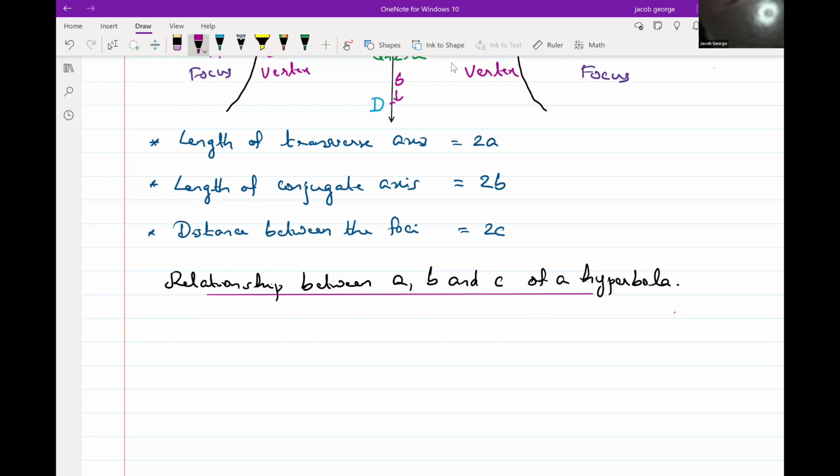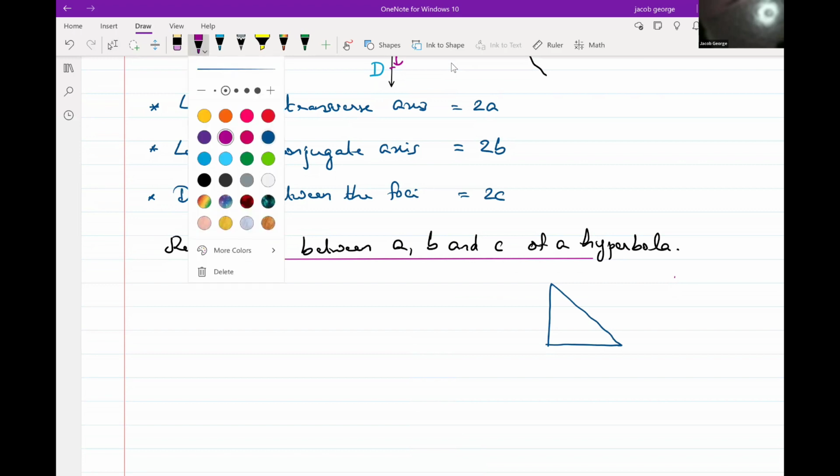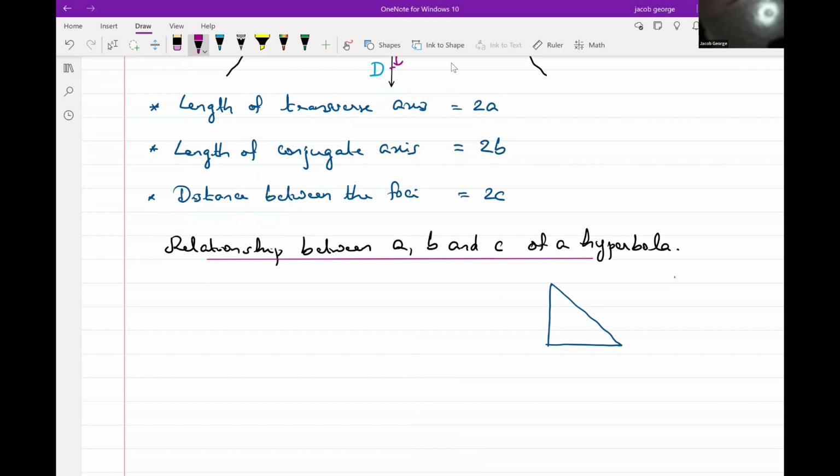So this is the relationship. These three will form a Pythagorean triplet. Among these three, C is greater, so C will act as the hypotenuse. A and B are the base and altitude.